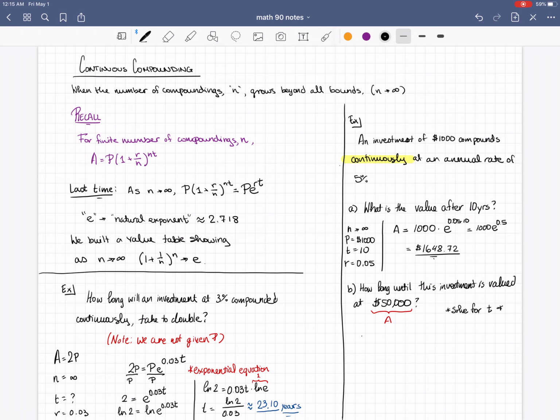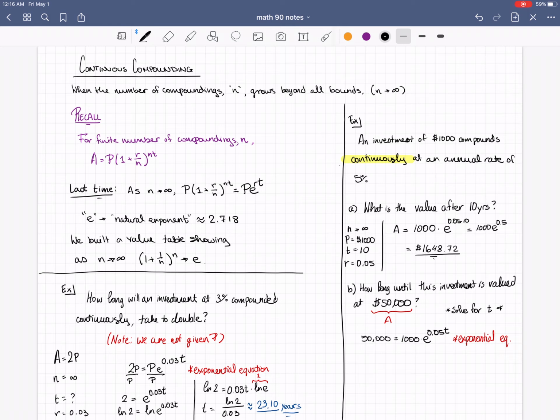Okay, so here goes. So 50,000 is equal to 1,000, that's our P, e to the power RT. So I don't know T. This is an exponential equation. I'm going to write it again because I want you to never lose sight that that's what this is.